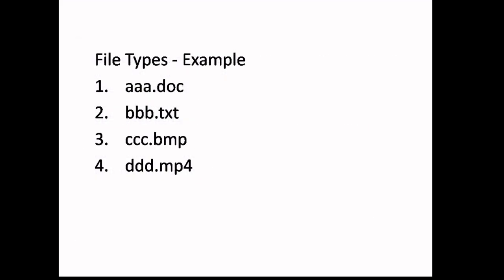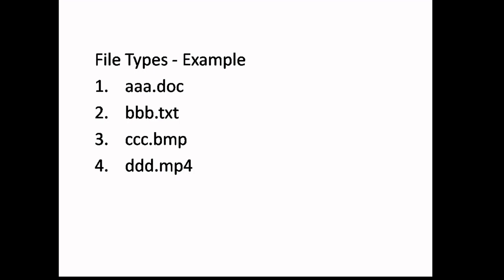In this slide we can see some files with their extensions. The first one represents a document file and the name is AAA. The second one represents a text file and the name is BBB. The third one is an image file, a bitmap image file.